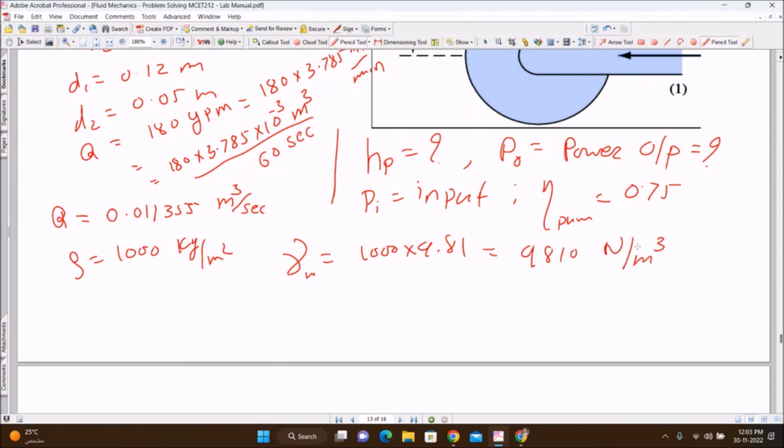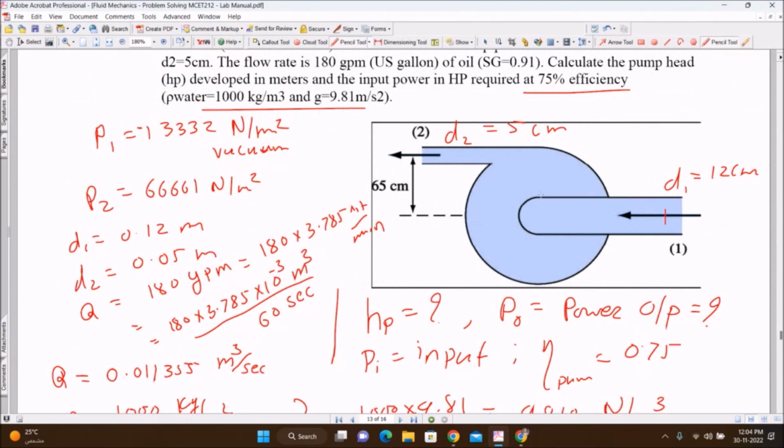Apply the Bernoulli's equation at in and out. At point 1 and 2, apply the Bernoulli's equation. So what is Bernoulli's equation? The energy at inlet is equal to energy at outlet. What are the energy available at the inlet?